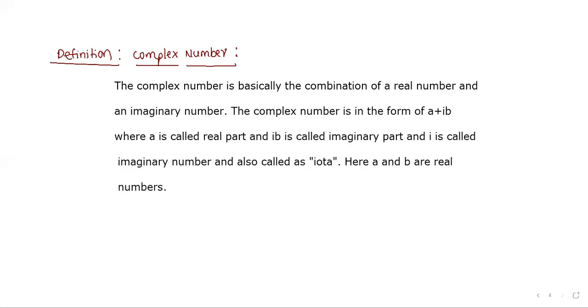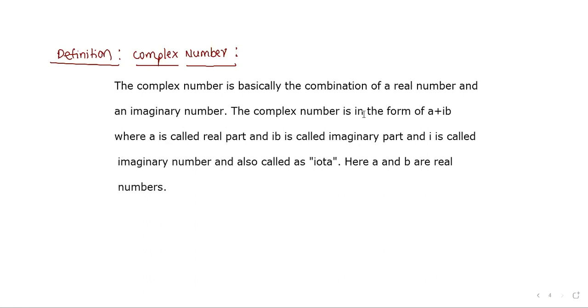Definition of complex number. So here we learn about the definition. Here the complex number is basically the combination of a real and an imaginary number.